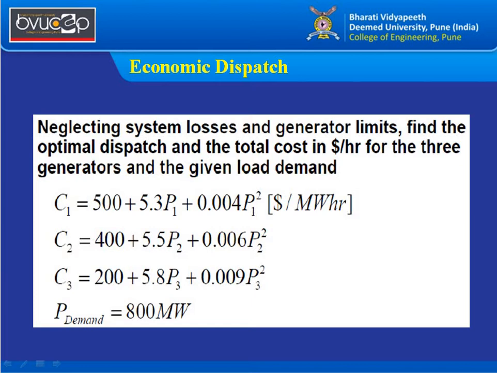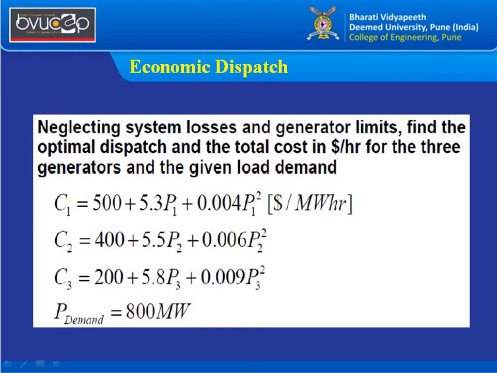Now let us first see what details are given for this particular numerical. In this numerical we are going to study the case where losses and generator limits are neglected. We will start with the basic numericals like we studied in the previous lecture.